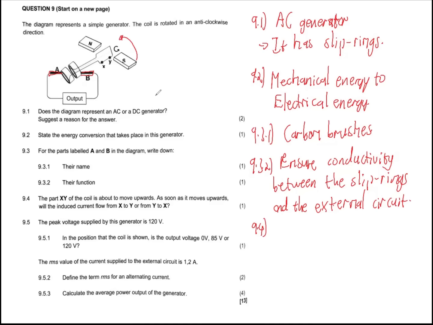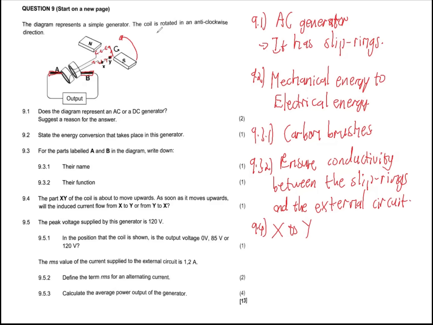With the generator, if the coil is rotating anti-clockwise, then the current would also flow in an anti-clockwise direction. So we are supposed to say X to Y, following that anti-clockwise direction.